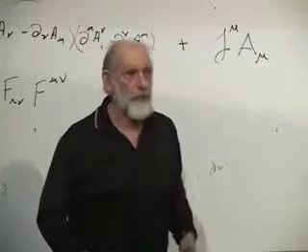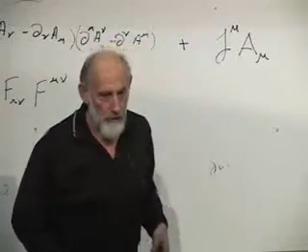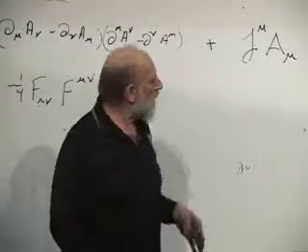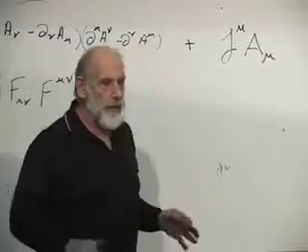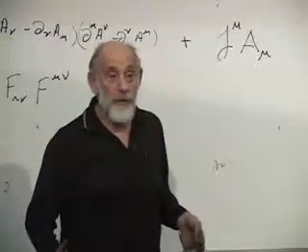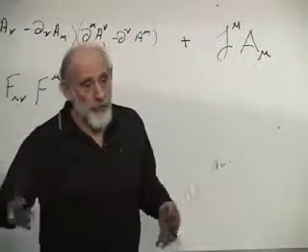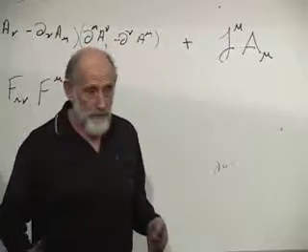The physical observables are the gauge invariant quantities. So the electromagnetic current is an observable quantity. It's not something that changes when you do a mathematical gauge transformation.